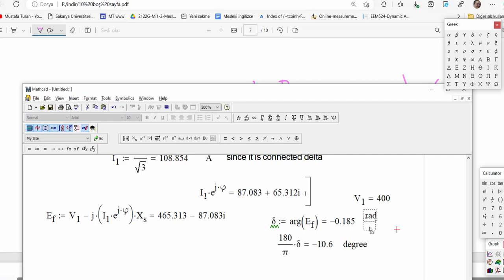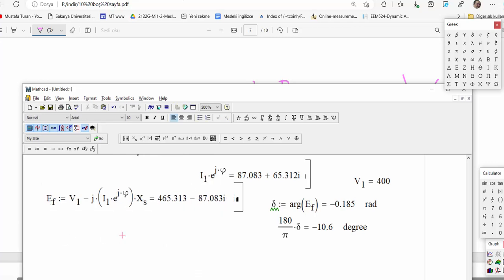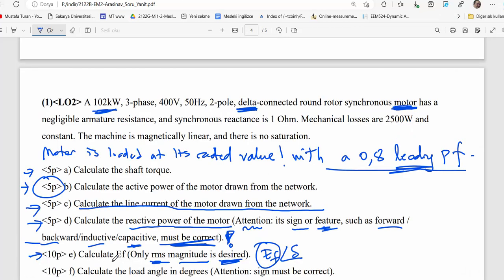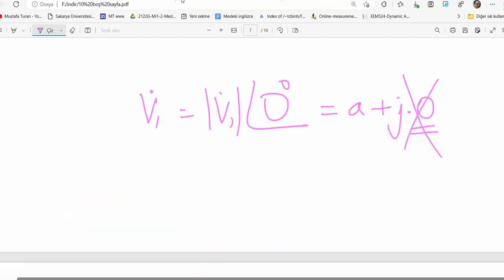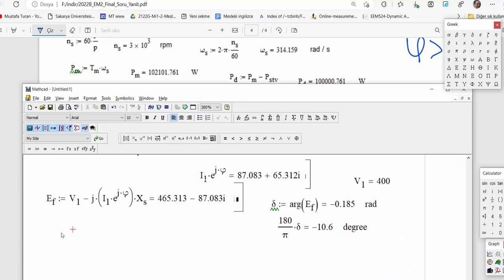Houston. And now what you see, in fact in the question E, only RMS magnitude, which is the absolute value of EF.